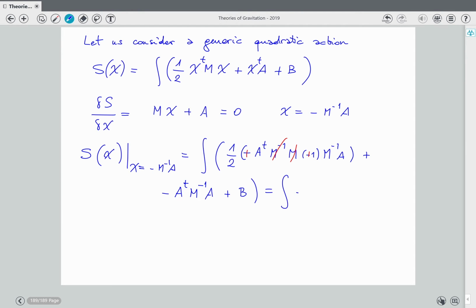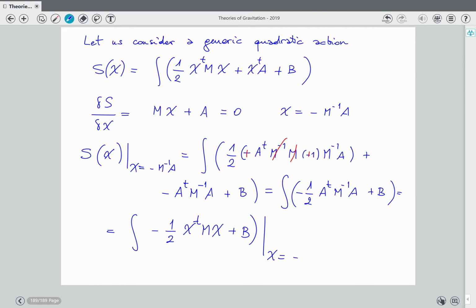So the result will be minus 1/2 A transpose M minus 1 A plus B, which you can also write as minus 1/2 chi transpose M chi plus B, as long as you remember that chi now is replaced by its solution. So as you see, when you substitute the solution of this simple field equation, you just drop the linear term, you do not touch the zeroth order term, and you change sign to the quadratic term. So we don't need to work a lot.